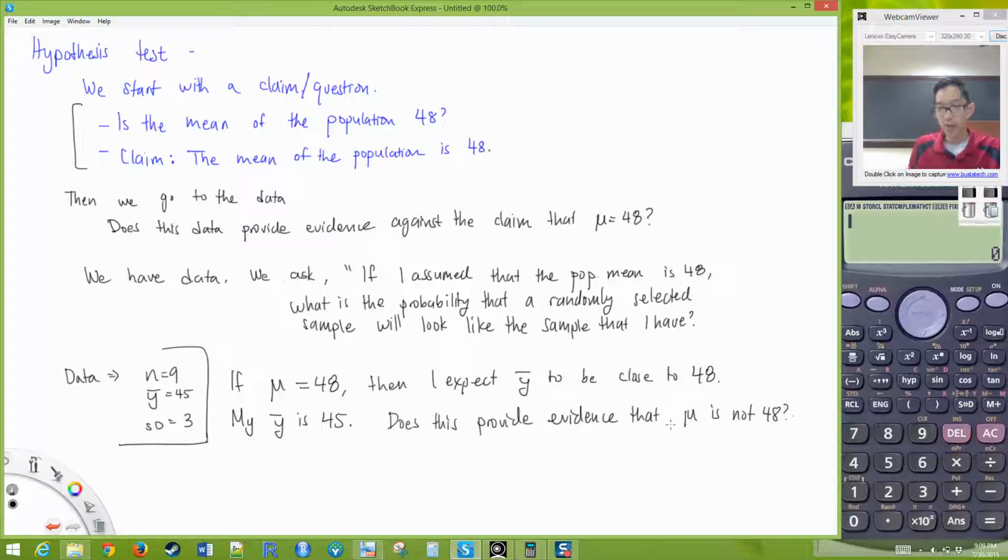So the question I'm asking is, if it really were 48, could a random sample produce a sample mean of 45? Well, if it's random, sure, almost anything is possible. But the question is, how likely is this going to happen? What's the probability that a random sample gives me a mean of 45?